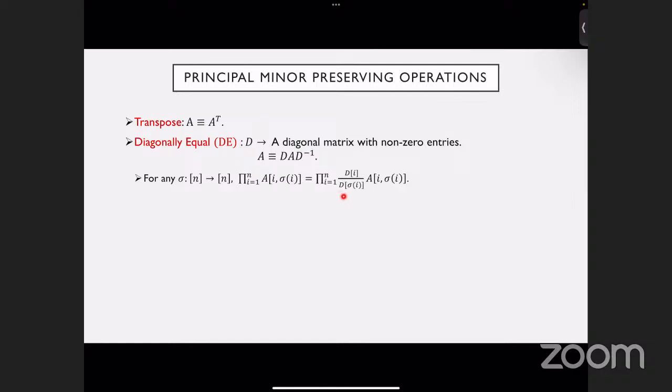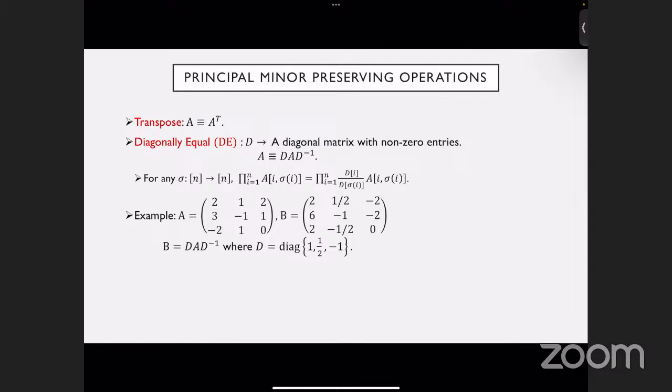If we go through 1 to n, then each of these indices from 1 to n will occur exactly once, and hence they will cancel out. So they have the same determinant, and this is true for all principal submatrices, hence they have the same principal minors.